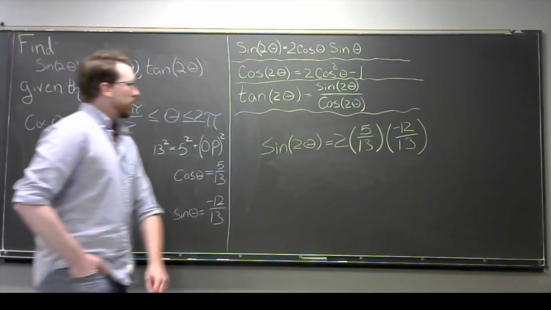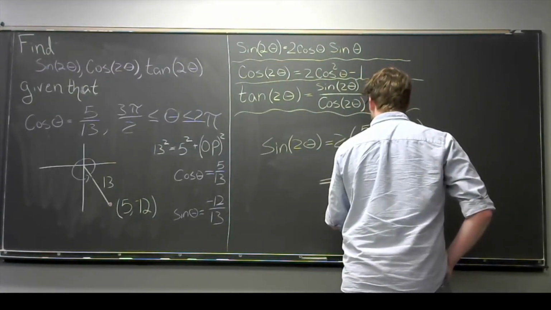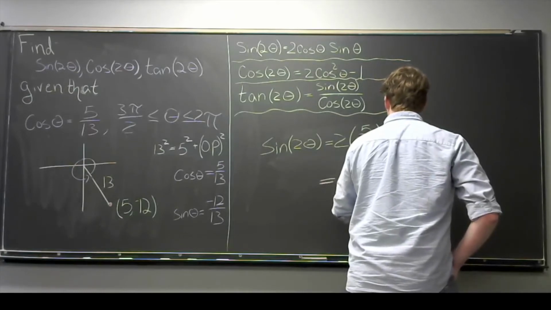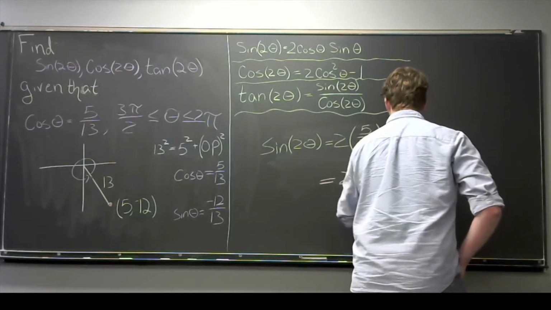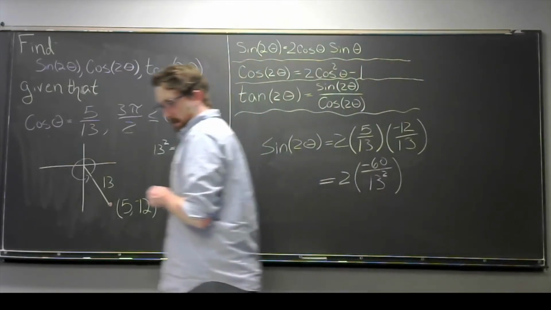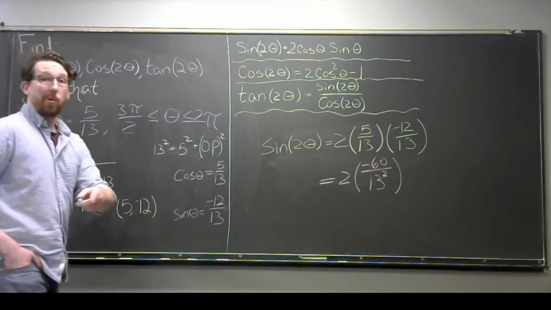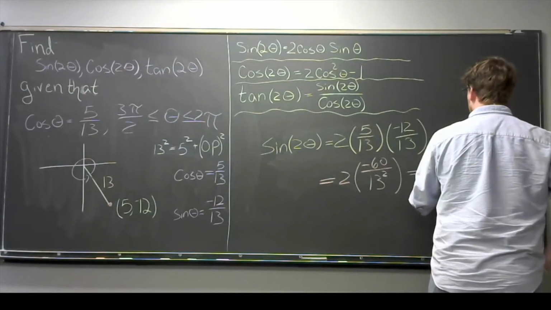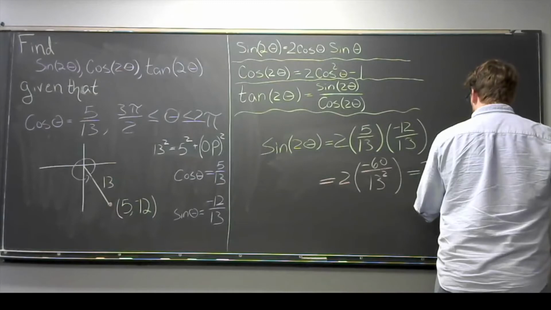So from this, we get 2 times negative 60 over 13 squared, which means this is going to come out to be negative 120 over 169.